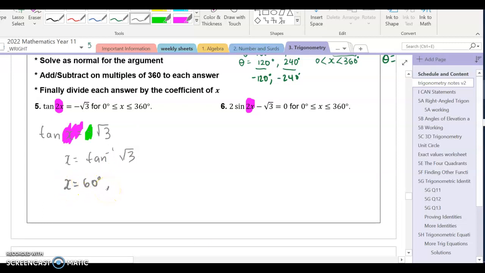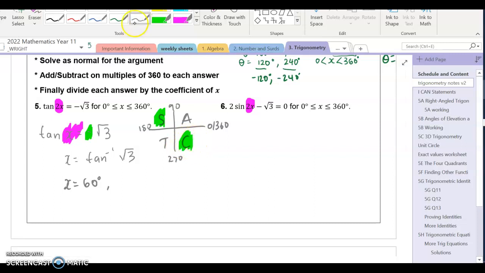Okay, now think what we do next. We have a look at what happens in our quadrants. Okay, all stations to central. You can pop your values on there. So we'll fix that one up. On there if you like, 0, 360, 90, 180 and 270. And we were looking for tan of x is equal to minus root 3. So we're looking where tan is negative. Where is tan negative? Tan is negative in the second quadrant and tan is negative in the fourth quadrant.